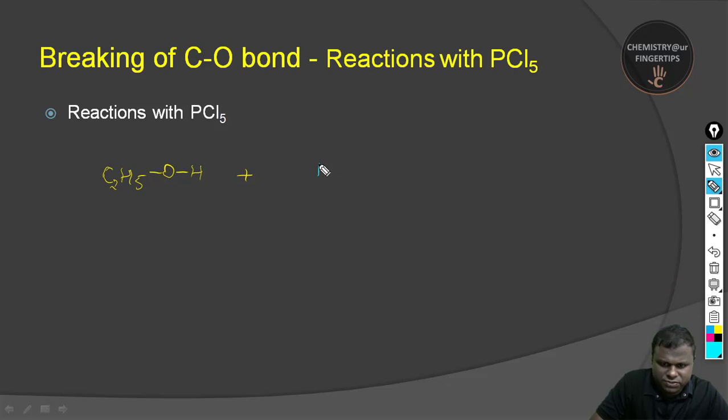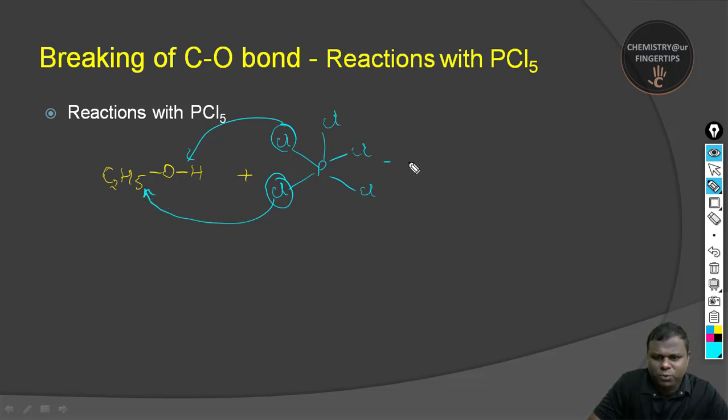So I'm going to write the phosphorus atom at the center. यहाँ पे लिखूंगा Cl, यहाँ पे लिखूंगा एक और Cl, यहाँ पे लिखूंगा एक और Cl, right? And then I'm going to write one Cl over here and then I'm going to write here one Cl. करेक्ट? तो इस रिएक्शन में बेसिकली क्या होगा, इस रिएक्शन में कुछ इस तरह से होगा, this Cl will be going to H, this Cl will be going to C2H5 और आपको क्या मिलेगा, आपको मिलेगा C2H5Cl, right? So I'm going to write C2H5Cl plus HCl, right?